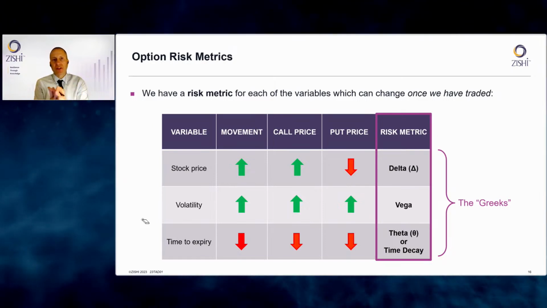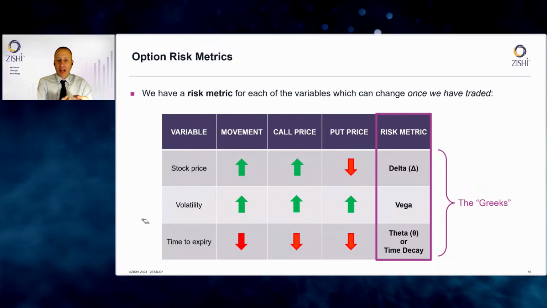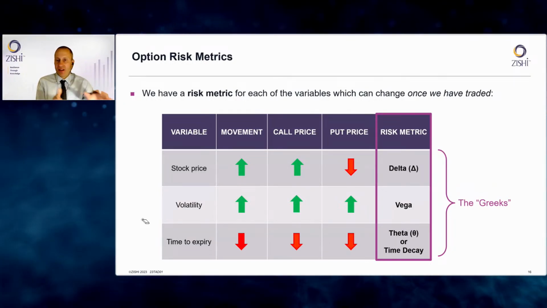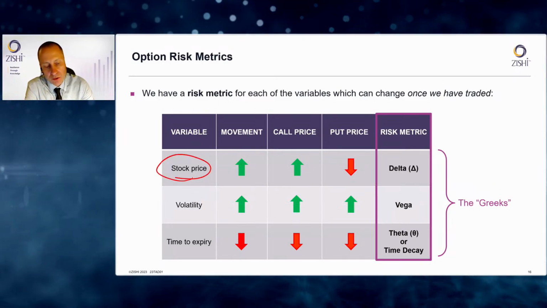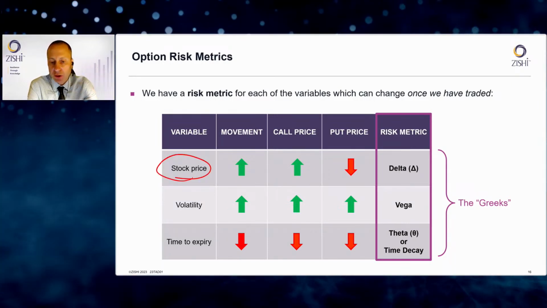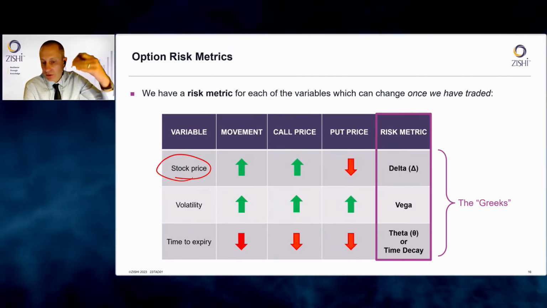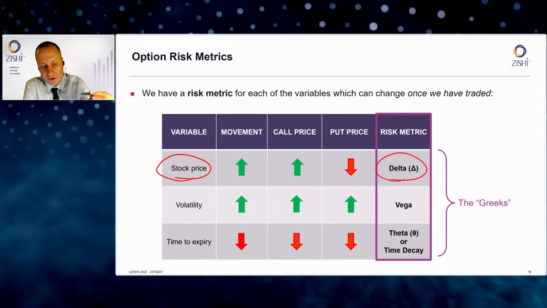And a risk metric will tell me, how does the price of my contract change if we get a 1 unit movement in the price driver? So if we think about a 1 real movement in a stock price, what does the option price become if we move up or if we move down? And this risk we call delta.